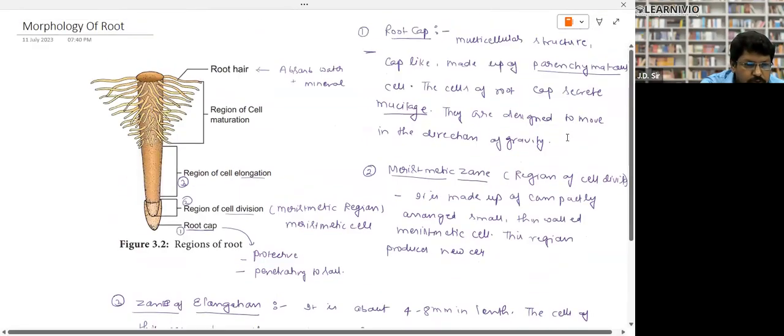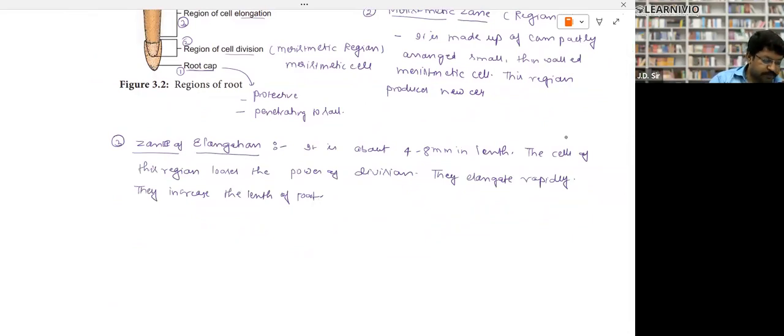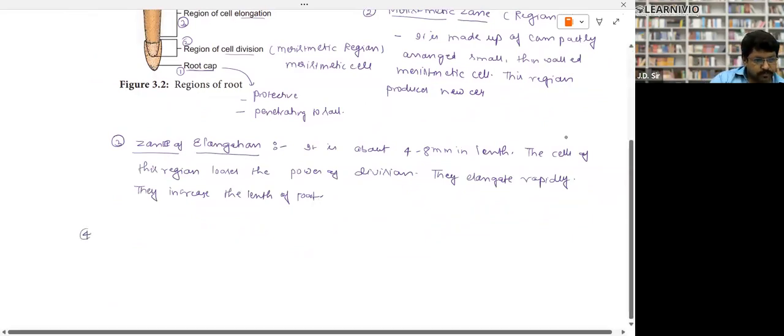Now last but not the least, the region or zone of maturation.